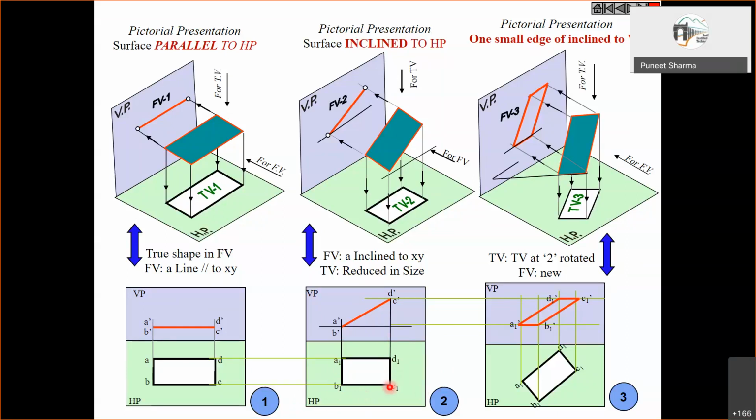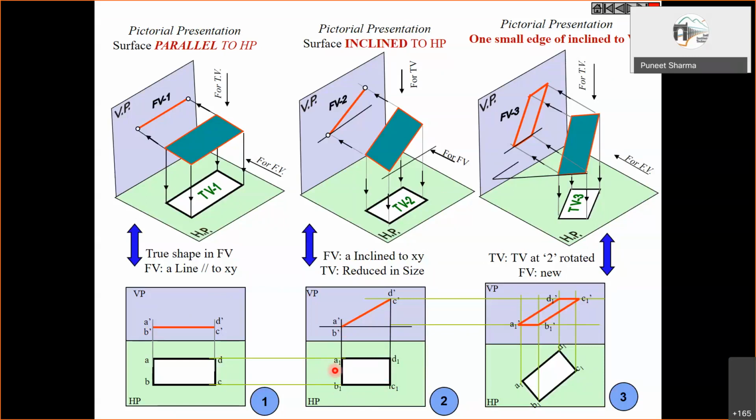Some of you might already be thinking like that, right? But this may not be the case for every possible plane figure. For this one, it is occurring so. But in any case, as long as you have kept it in its position over here, this will remain parallel to the horizontal plane.